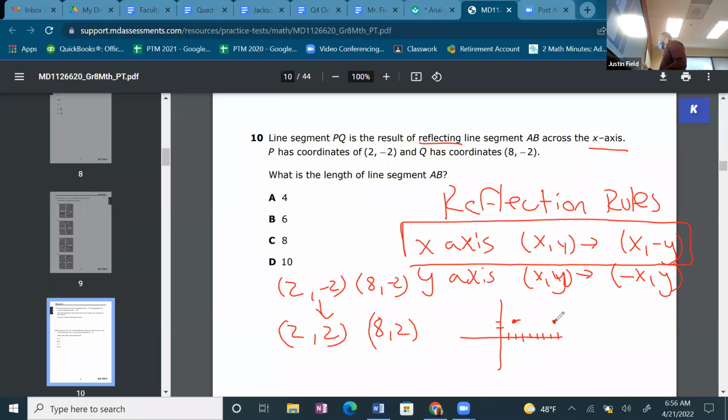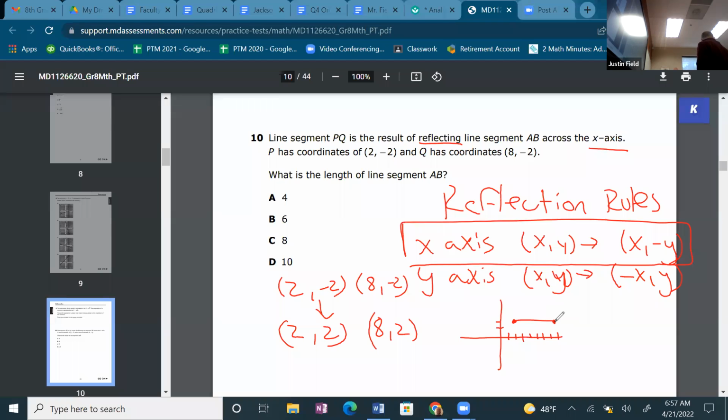This is a really easy one. Actually, before I drew the picture, I was not thinking about how easy this was, because I thought it was an oblique line, like a diagonal line. If it was a diagonal line, we would have had to use the distance formula or the Pythagorean theorem. But since this is a horizontal line, what's the length of it?